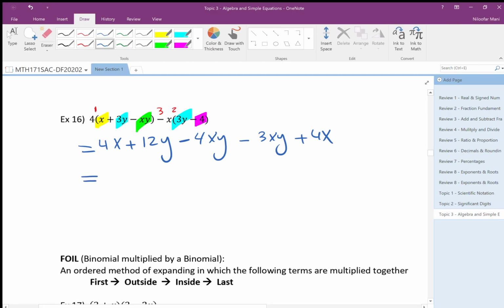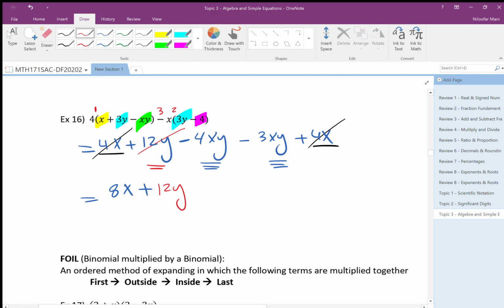So equals... Now I group them. Maybe I start from this one and this one, the next, this one and this one. So 4x and 4x make 8x. 12y is just alone, so 12y.